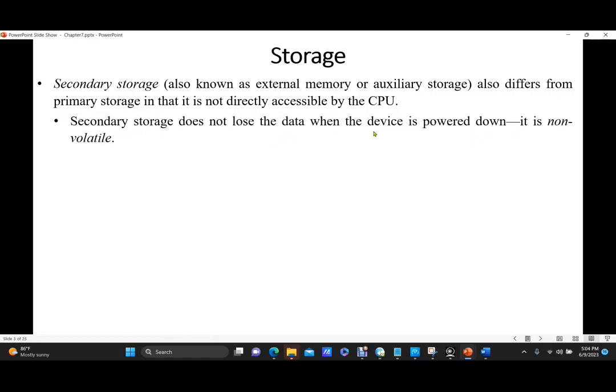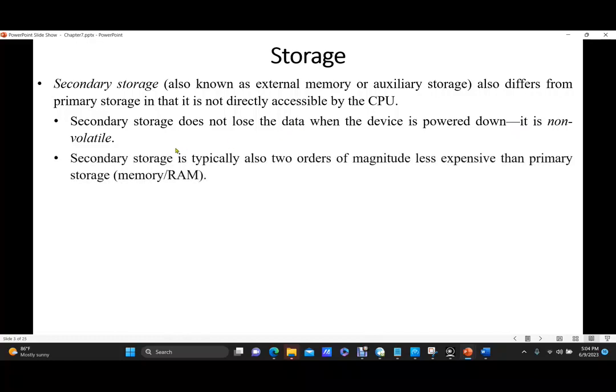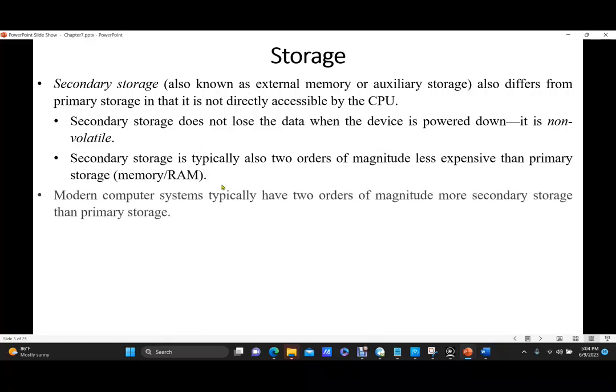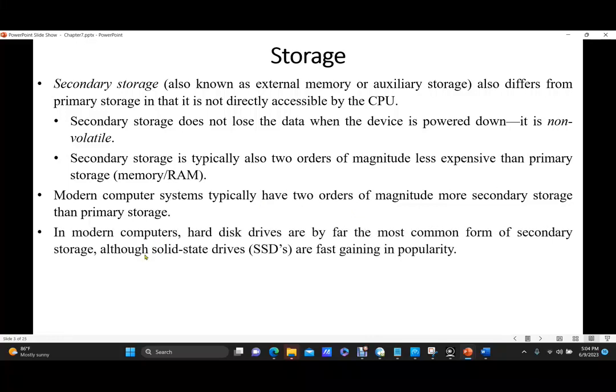Secondary storage is non-volatile. It's also typically 2 orders of magnitude less expensive than primary storage. And modern computer systems typically have 2 orders of magnitude more secondary storage than primary storage.